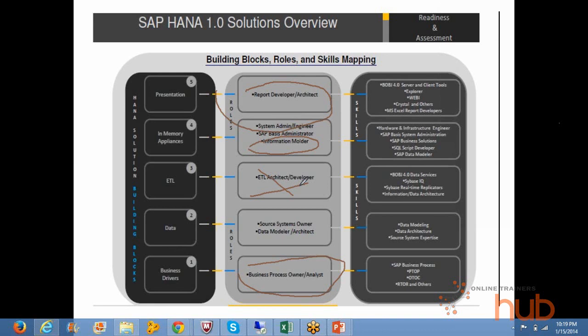Yeah, and I've heard someone telling me that you need to know SAP BW prior to learning SAP HANA. Not required. There are so many people who have come from non-SAP background, and they have completed their SAP HANA certification as well, and then they have started working on SAP HANA POCs also.